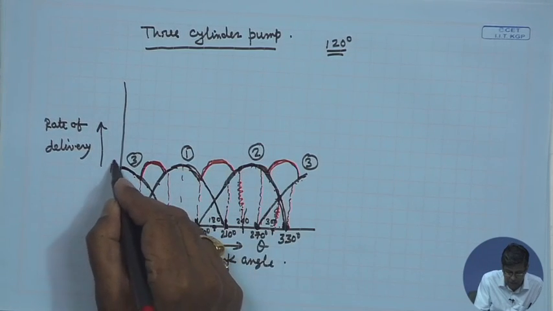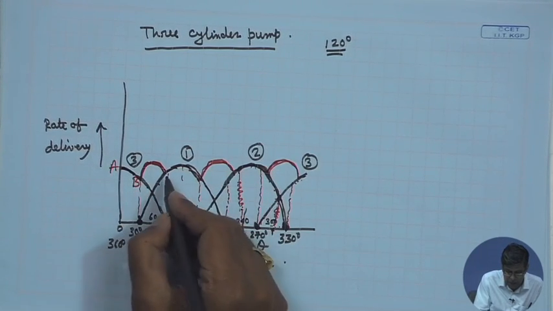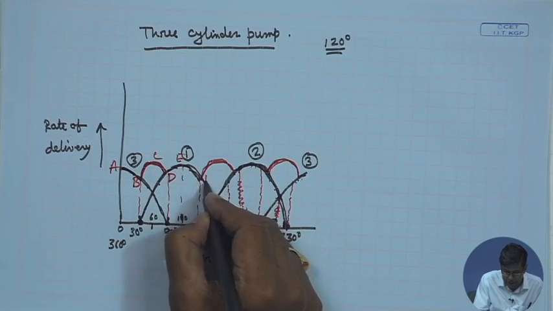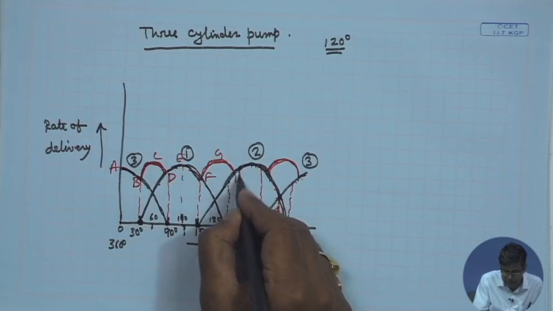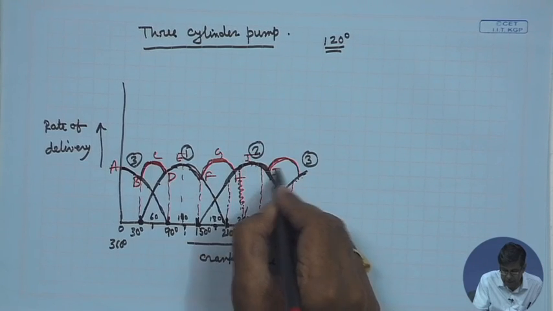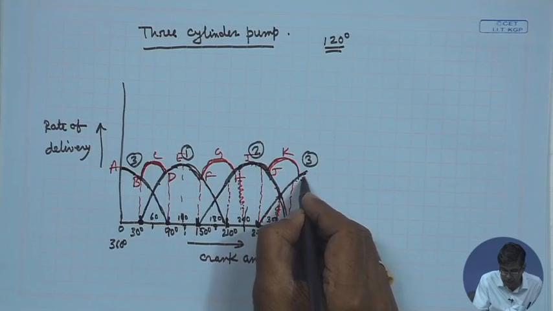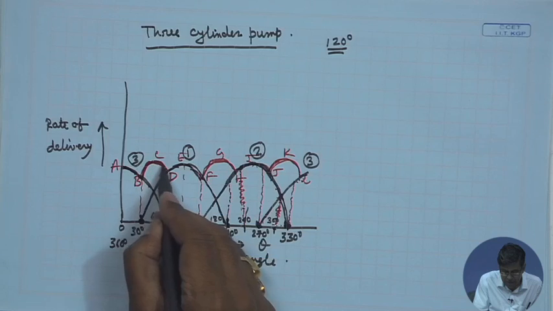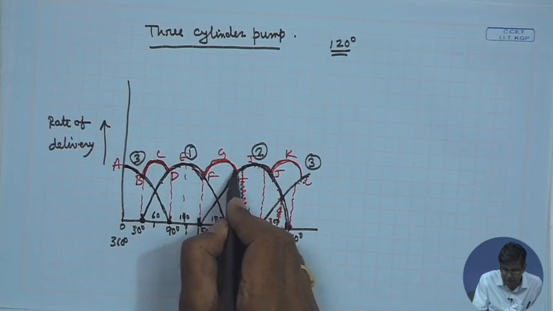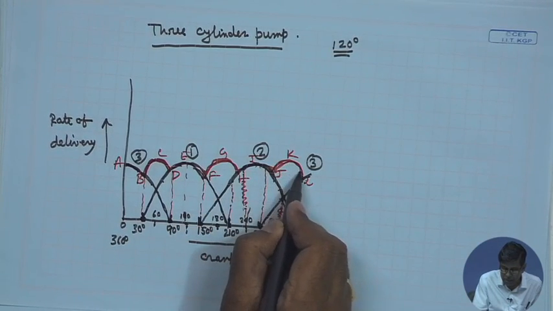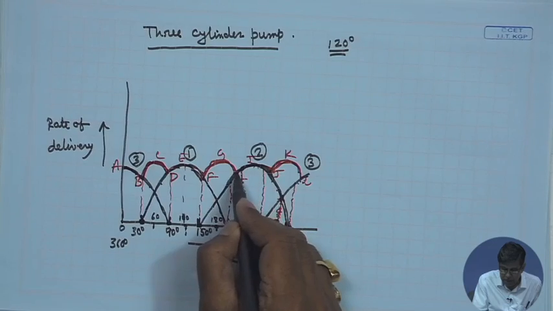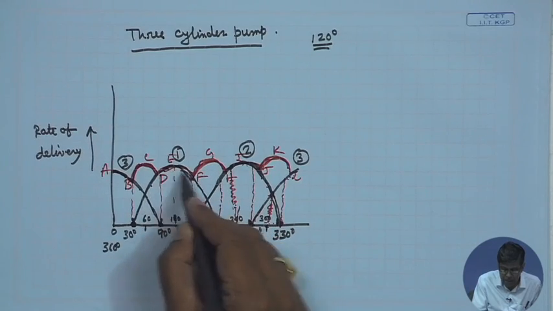So the final curve will be A, B, C, D, E, F, G, H, I, J, K, L onward. In this case it is still fluctuating; fluctuation cannot be totally minimized, but this gives a more or less uniform flow.